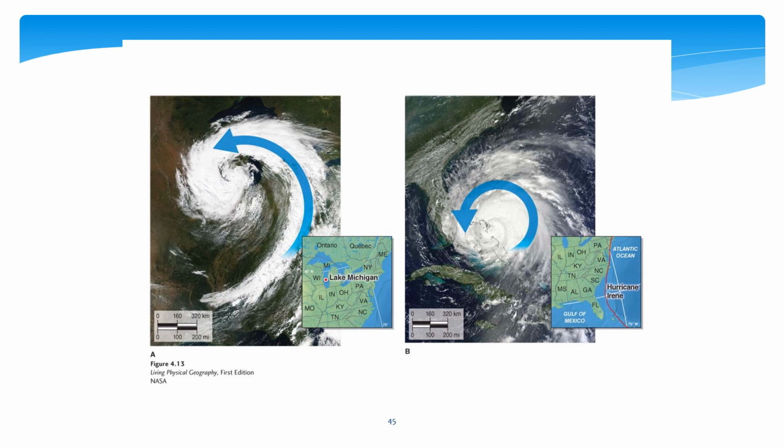And then these are just pictures of two different cyclones at different spots in the US, a little bit up towards Canada. On your left, we have just a basic everyday low pressure cyclone going on. Notice the counterclockwise flow.